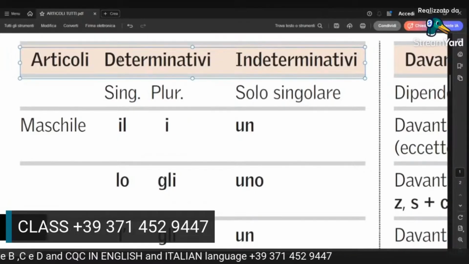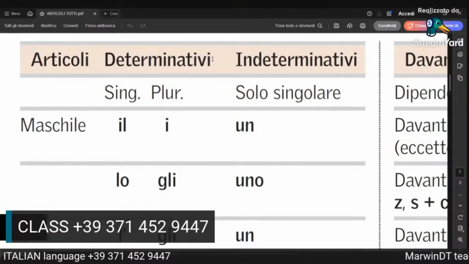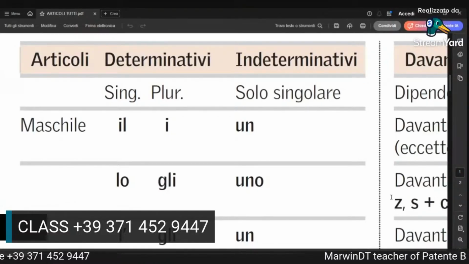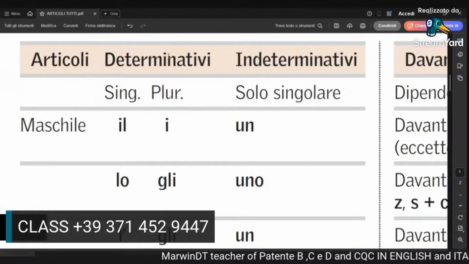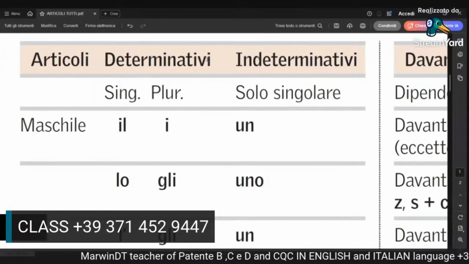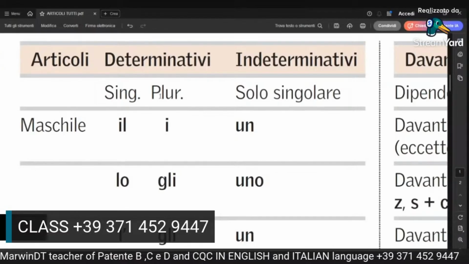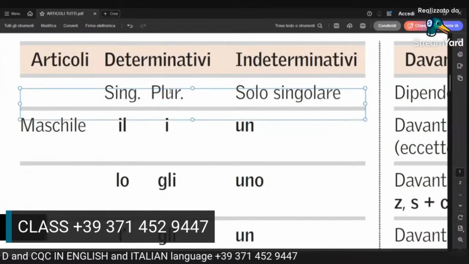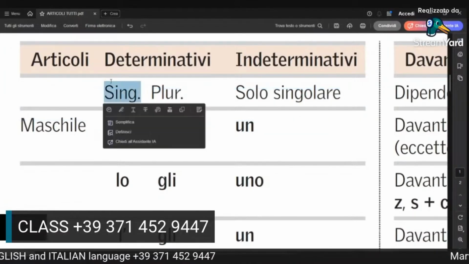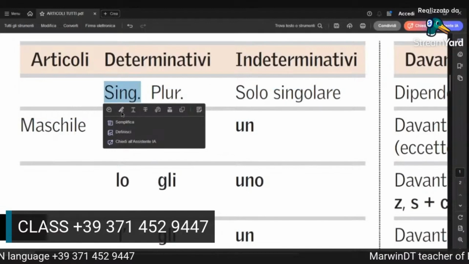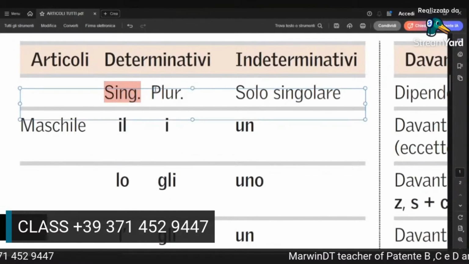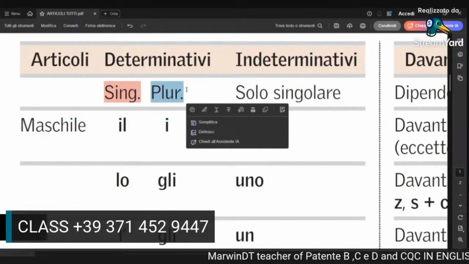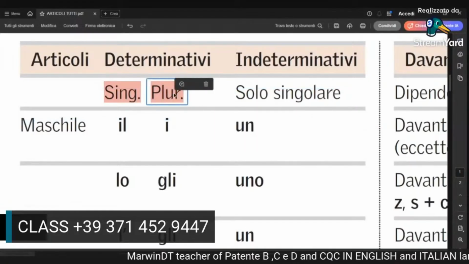On the articoli determinativi, what do we have here? The articolo determinativo, we can have it in singular and plural. As we can see, we can have it in what? Singular and also plural. Very good.